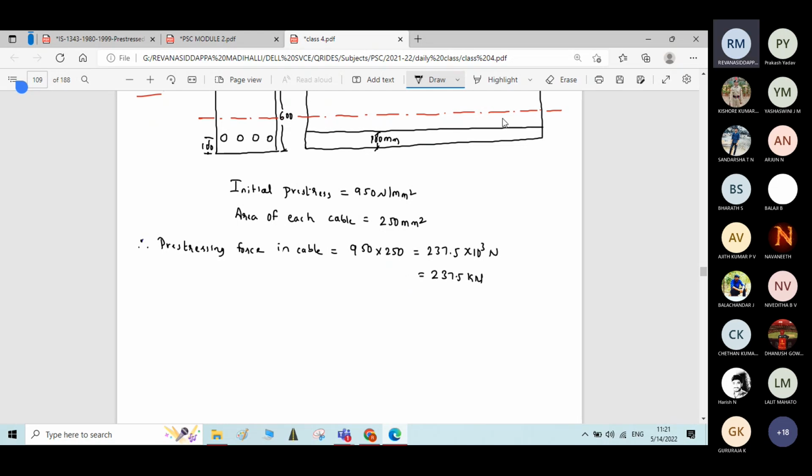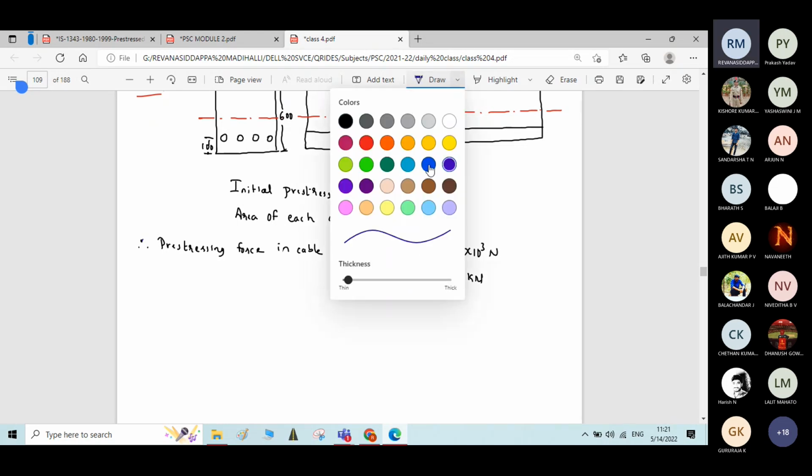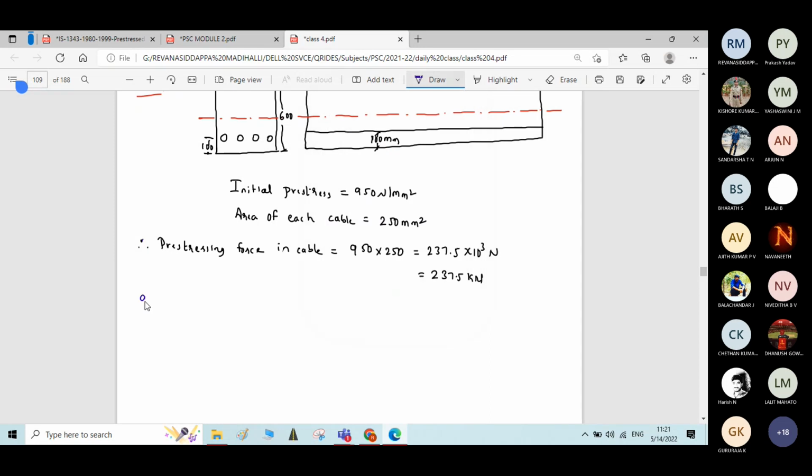Now we'll start calculating the losses one by one. First one is loss due to elastic deformation.